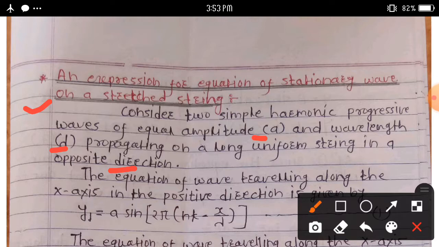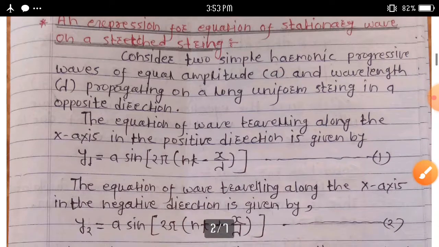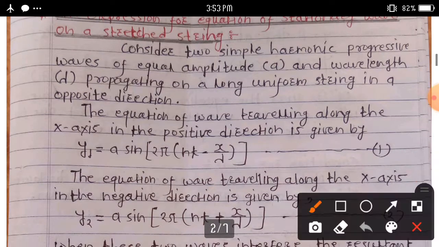The equation of the wave traveling along the x-axis in the positive direction is given by y1 = a sin 2 pi (nt - x/lambda). Consider this equation first.